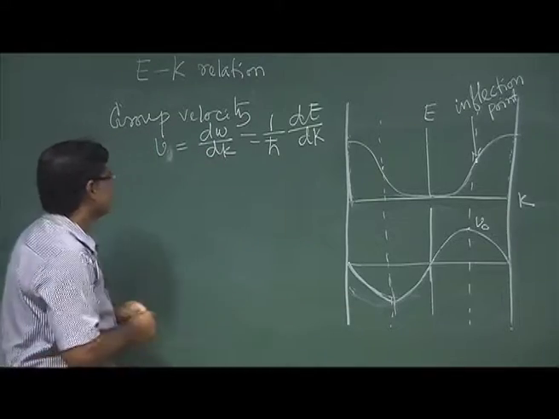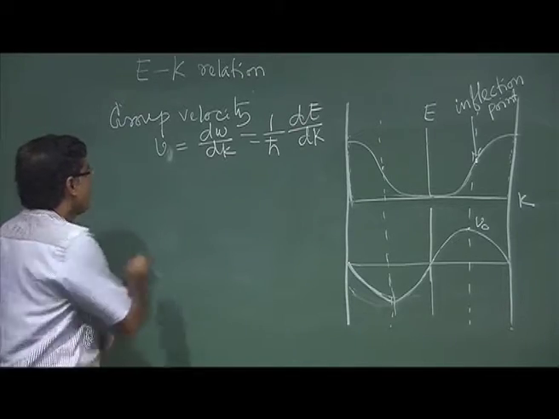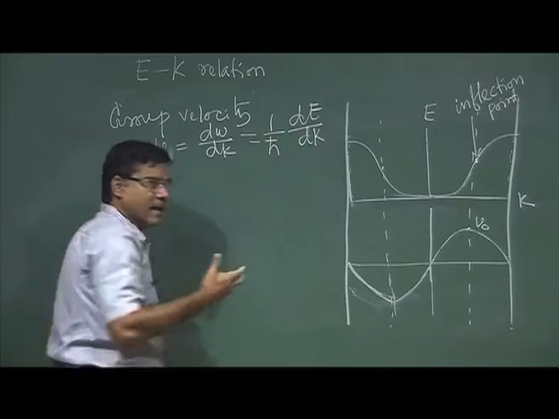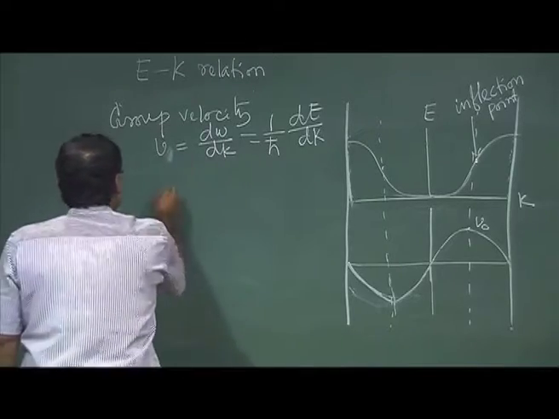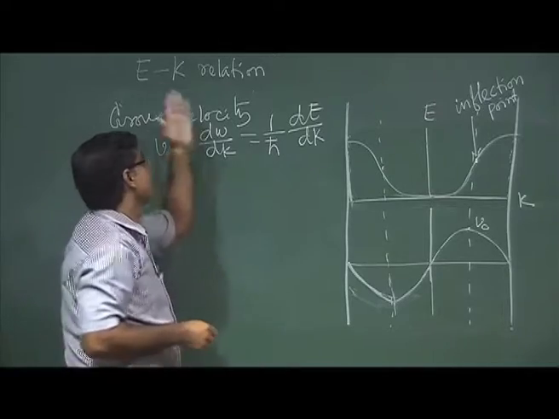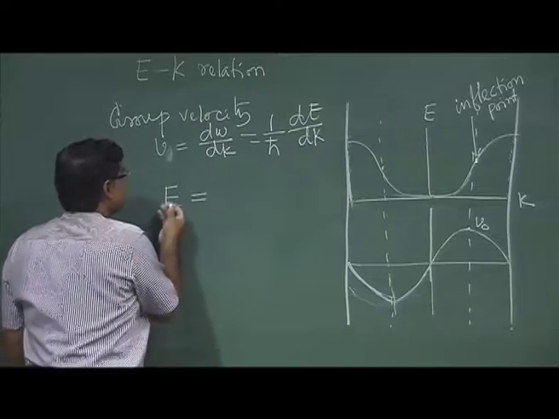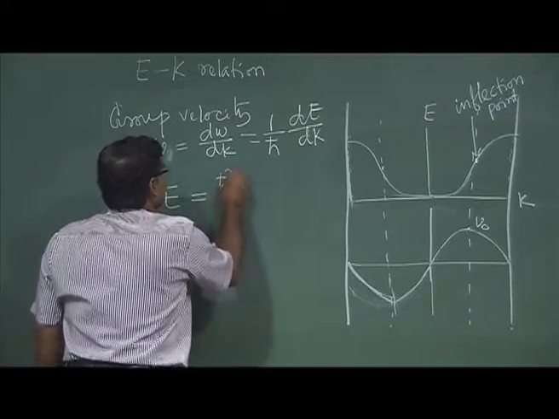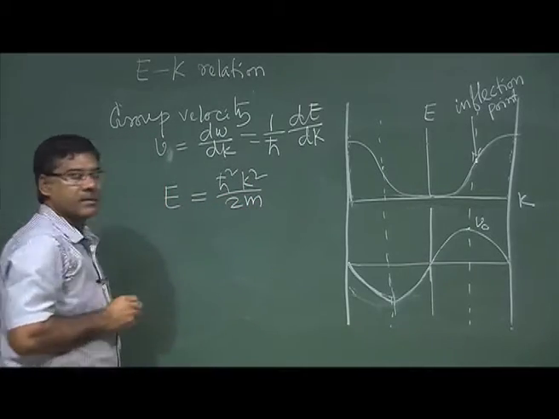So, we have to know the energy of this free electron. The energy of this free electron as a function of k, if you know, then you can find out the velocity. So, E equal to h cross square k square by 2m, right.